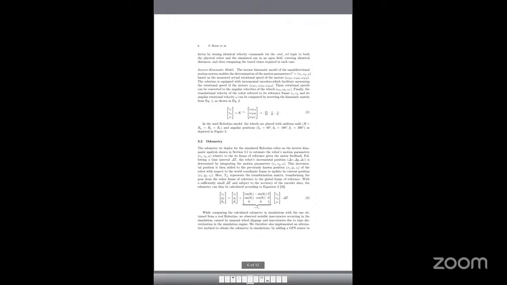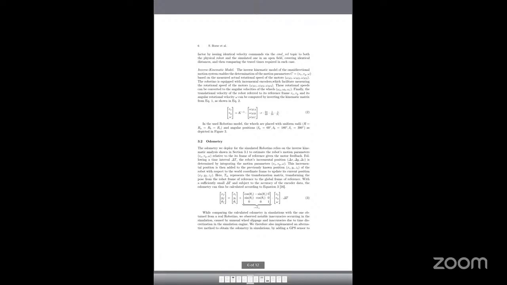So because of this problem, they have added a GPS sensor in simulation. So this GPS sensor will give the correct position than the encoder odometer.